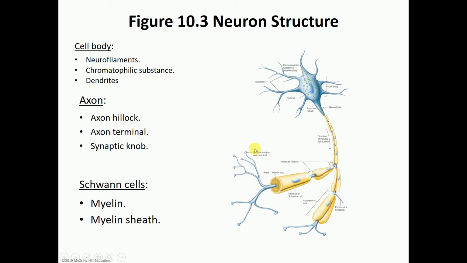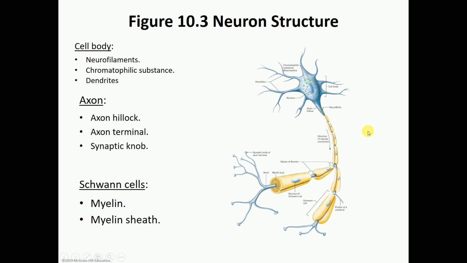These synaptic knobs have vesicles. These vesicles are full of neurotransmitters, so they could be full of different chemicals like acetylcholine, serotonin, norepinephrine, depending on where you are in the body. And we will be discussing some of these neurotransmitters at the end of this chapter.